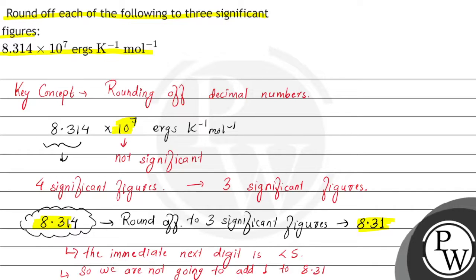When we round it off to 3 significant figures, it would be 8.31, and the entire number is 8.31 into 10 to the power 7. Let me write it clearly for you.